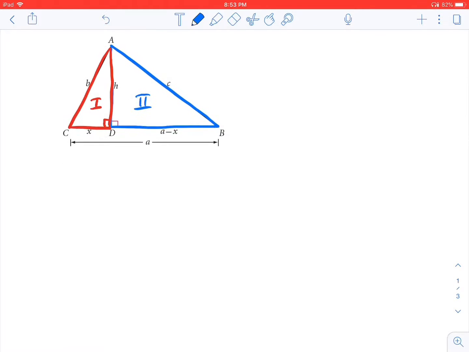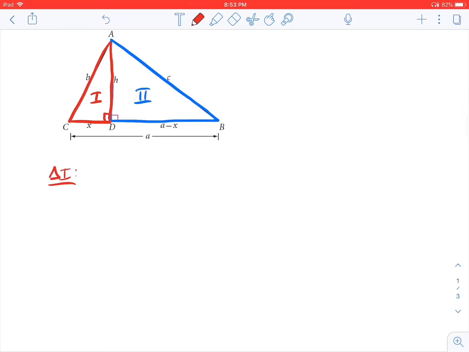I'll title this triangle 1 and this other blue one triangle 2. I can use some of the theorems that I've learned this year to make some statements. For triangle 1, the Pythagorean theorem would tell me that x squared plus h squared is equal to b squared.